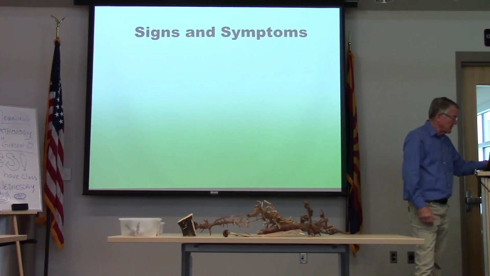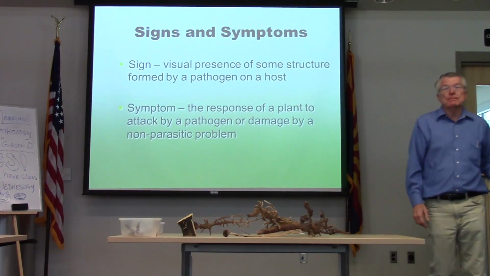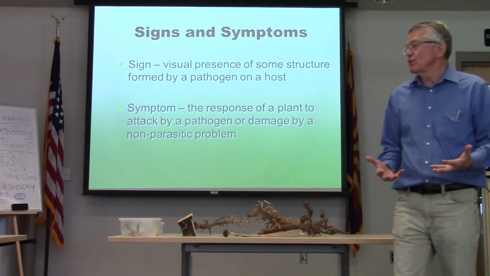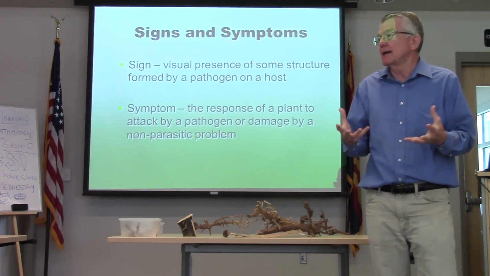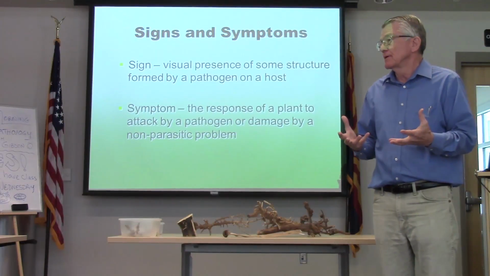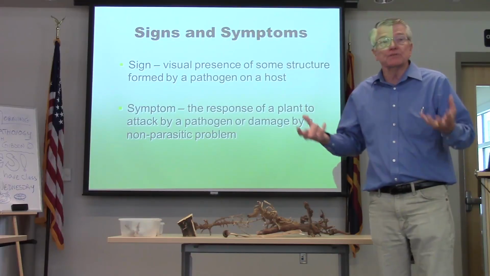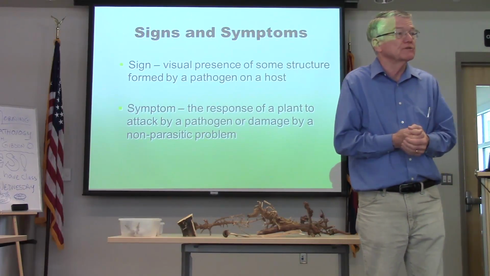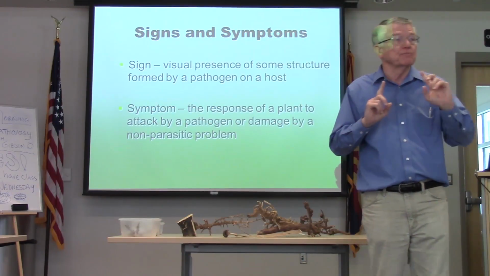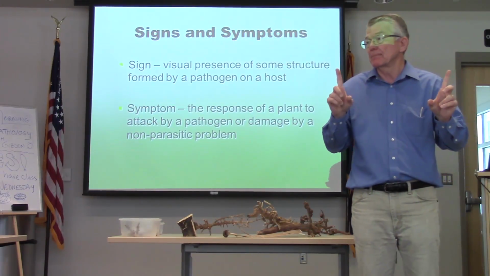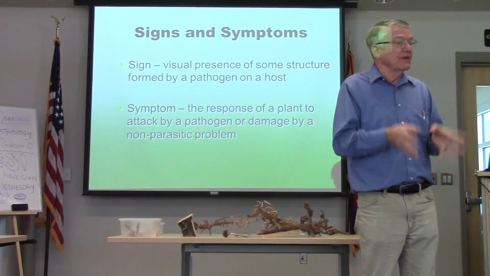A symptom, on the other hand, is the plant's response to the disease organism. The disease organism causes some kind of a response. And the tree or the shrub or the bedding plant or the turf plant responds to that and puts out a series of symptoms. Both are very useful in diagnosing plant diseases, both signs and symptoms. So we always want to see the thing that's causing it.